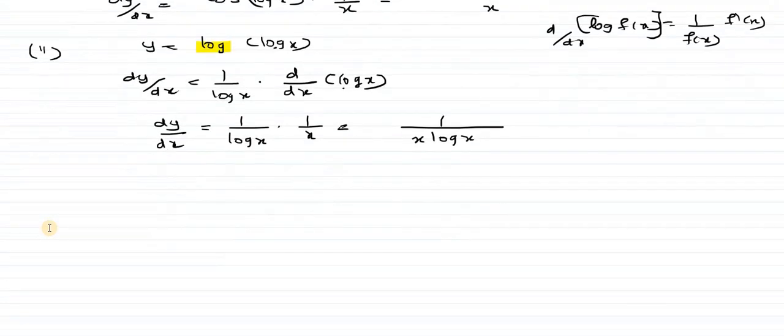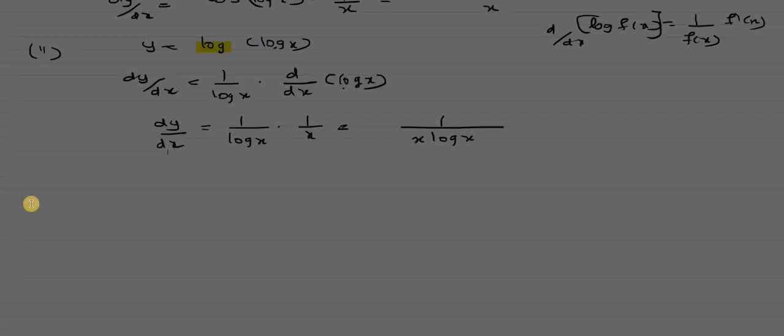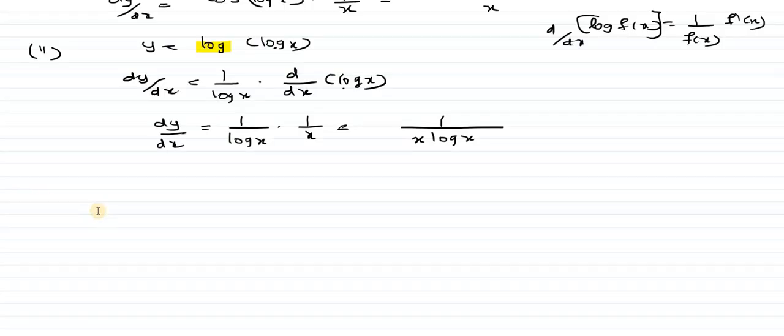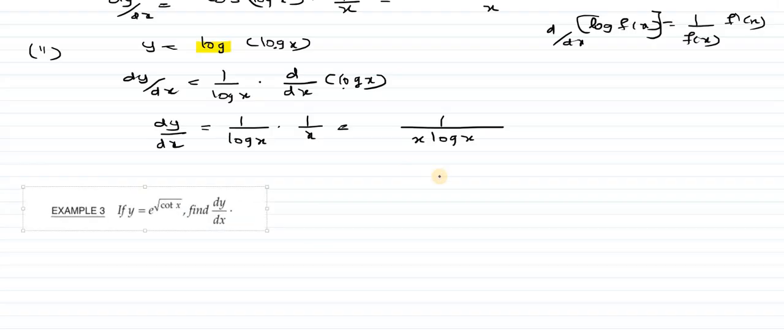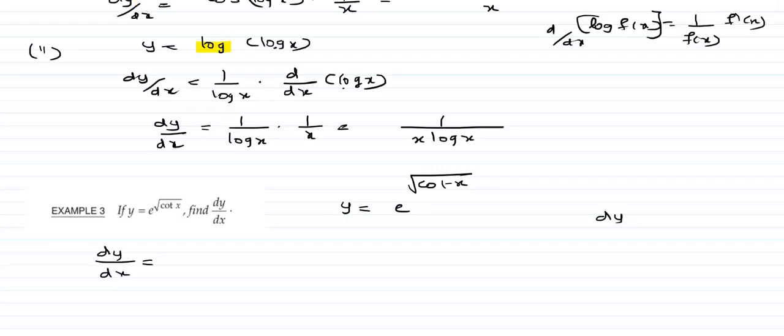Next. Is that clear? Any doubt? Y equal to e power under root cot x, find dy by dx. Correct? So dy by dx, first what it is? Now you tell me e power root cot x. So here e power f of x. What we discussed?